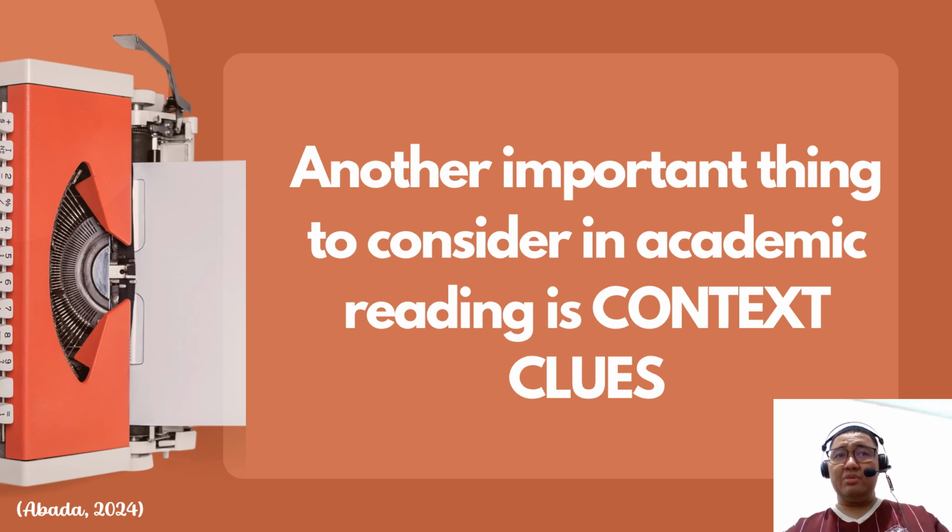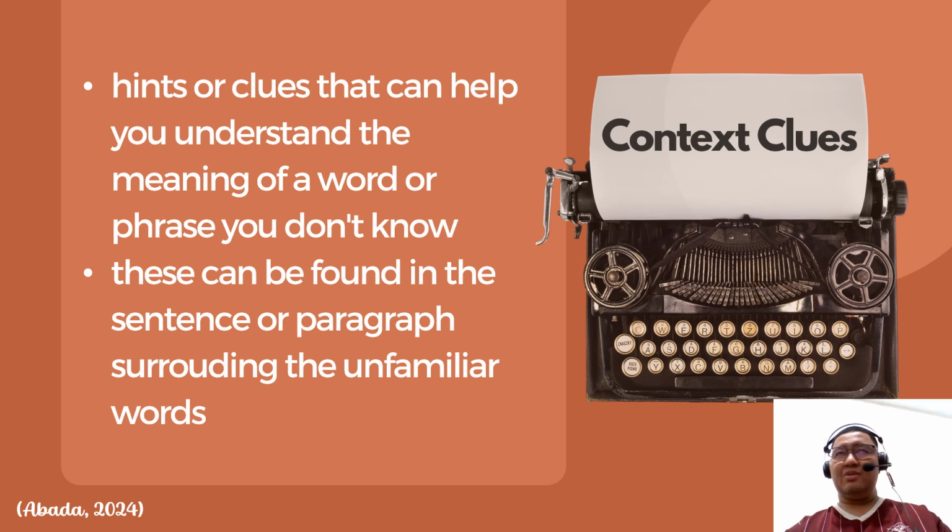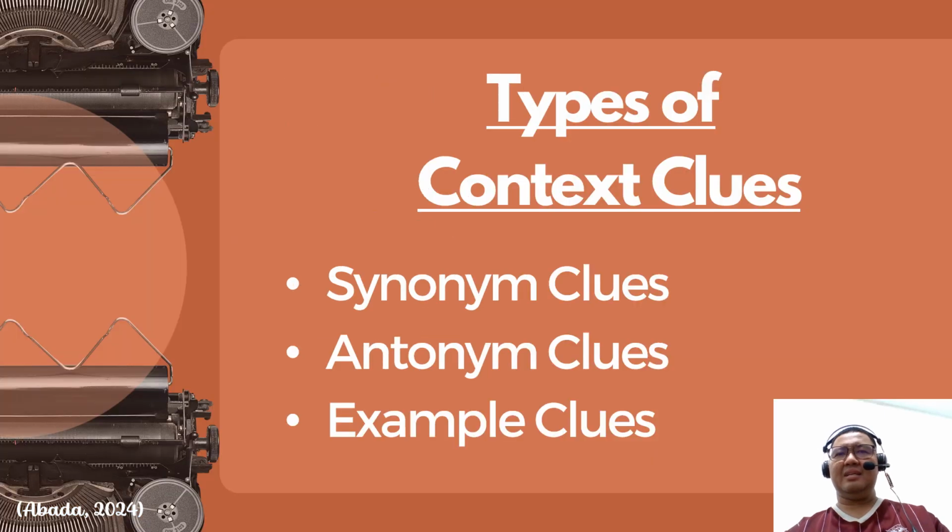So there are some clues within the sentence or the paragraph that will guide you in knowing the meaning of the words that are unfamiliar to you. These are clues or hints that will allow you to understand the meaning.